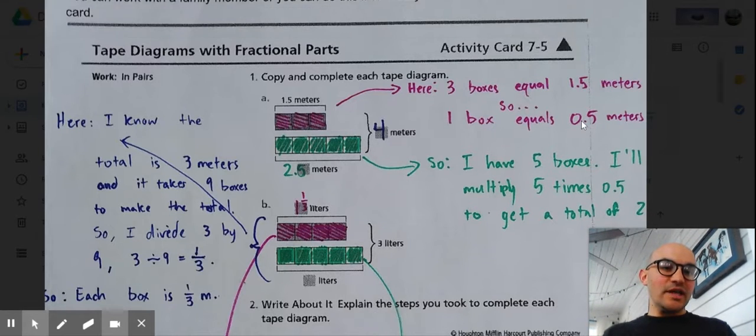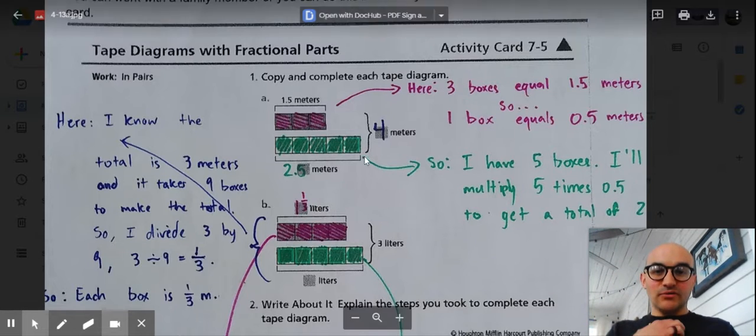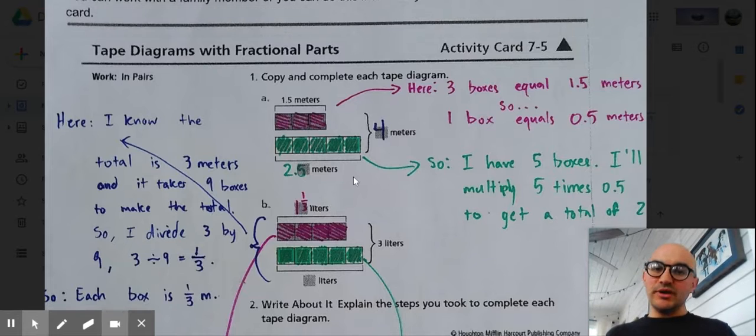Then I can use 0.5 meters to determine my missing value for the bottom boxes. The missing value is found by multiplying the 5 boxes by 0.5, which gets a total of 2.5. The picture cut it off, but it's 2.5, and I wrote it right here as well.